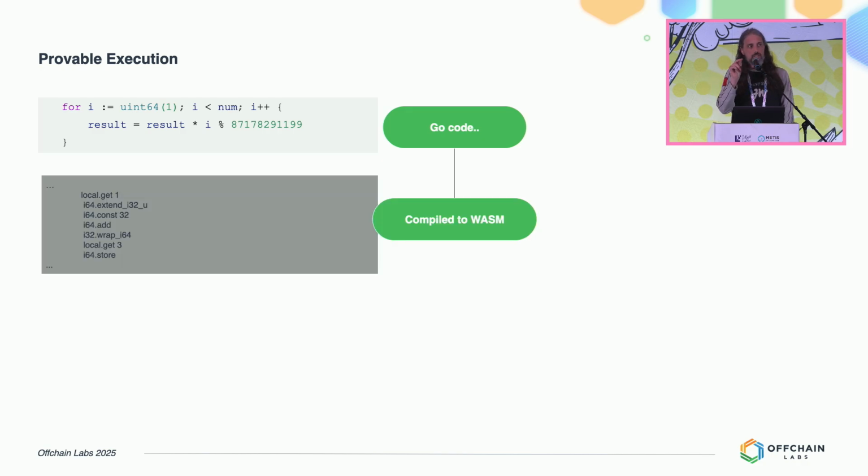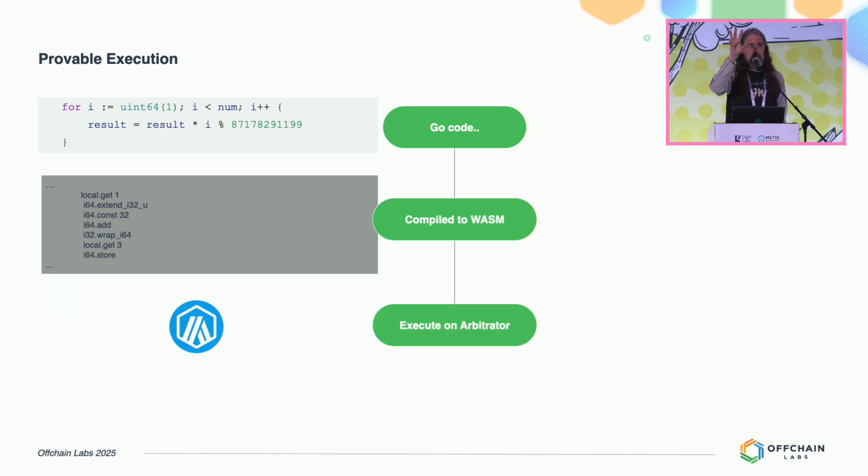I will compile this Go code not to ARM64 or x86, but to WASM. WASM is WebAssembly. It is another type of assembly made to be emulated by software, originally made to be emulated by browsers. And I will take this WebAssembly and I will execute it on a special emulated machine called Arbitrator.